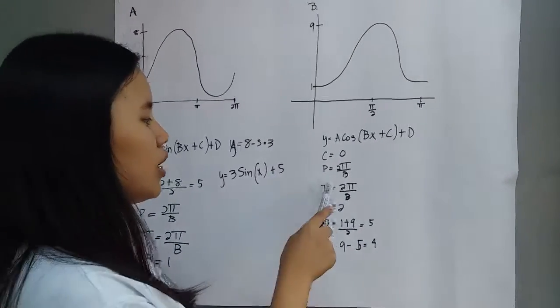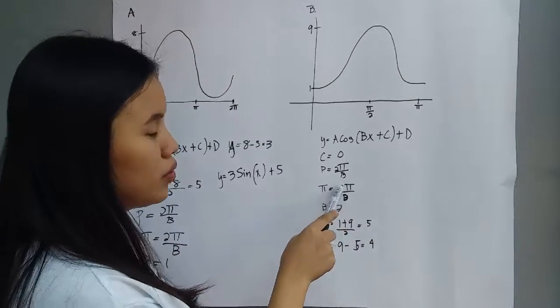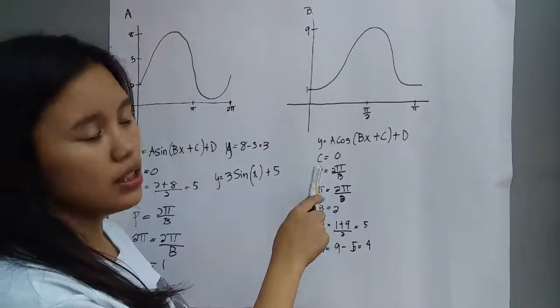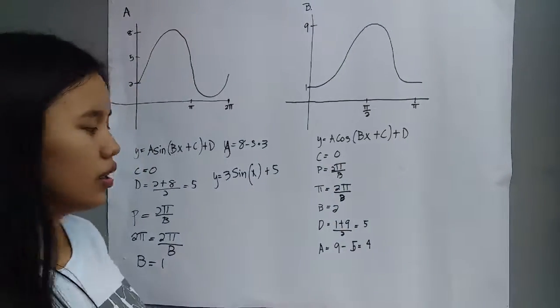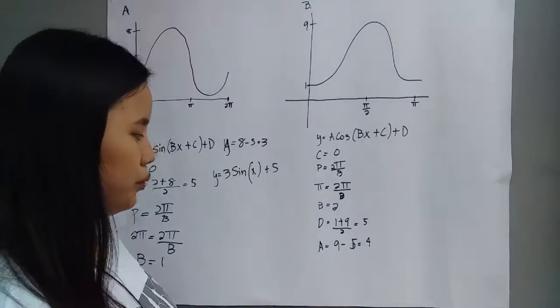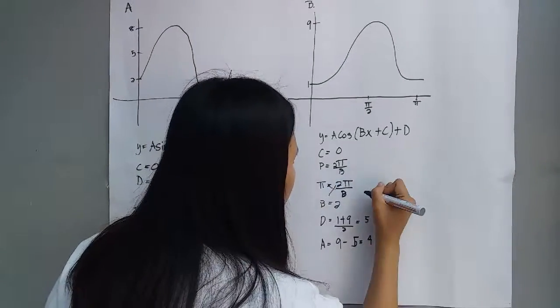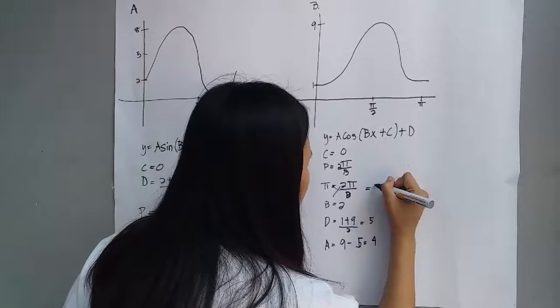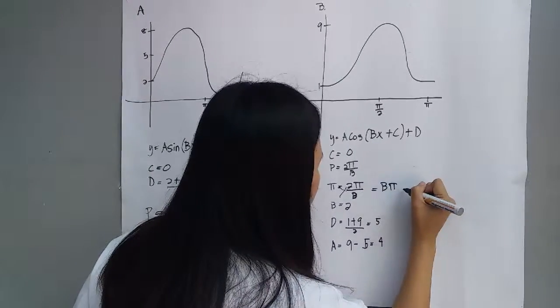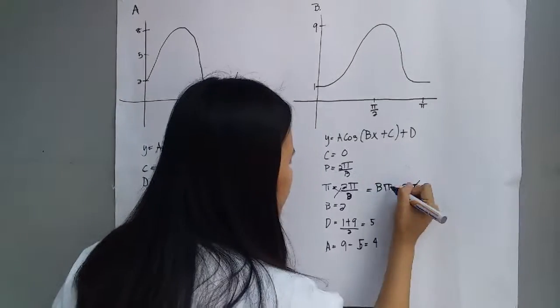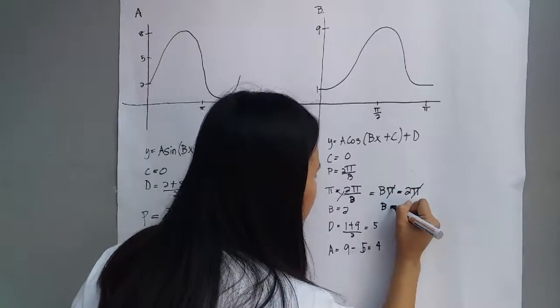How does this work? Cross multiply, then cancel the pi. So b is equal to 2. Something like this. Cross multiply: b pi is equal to 2 pi. Cancel. b is equal to 2.